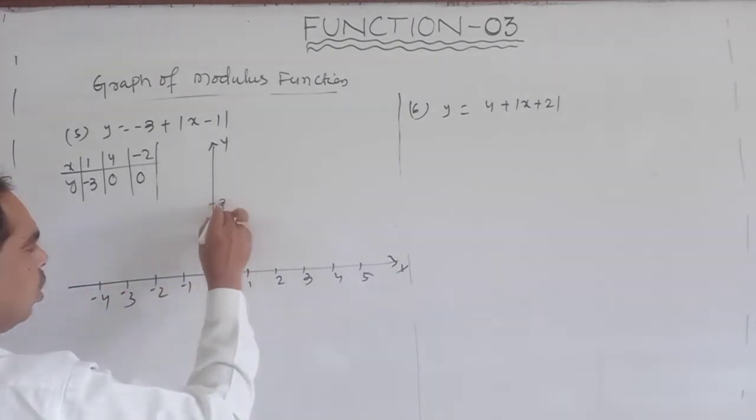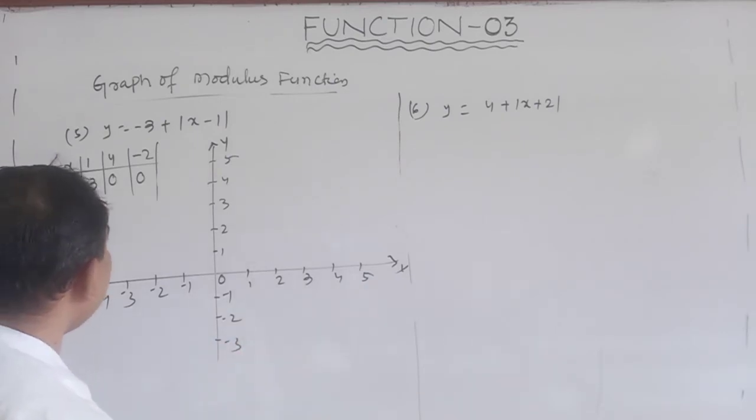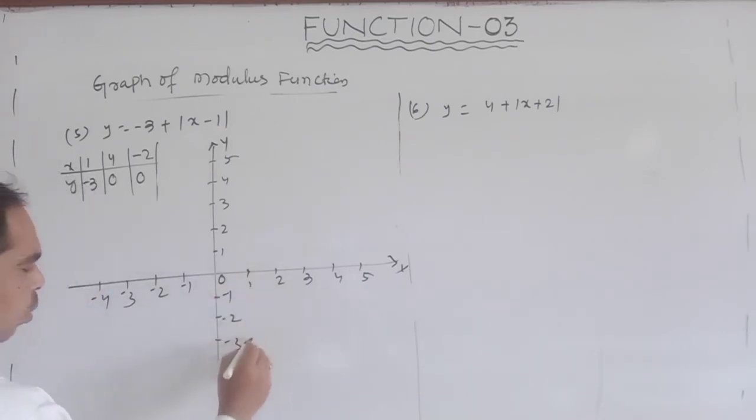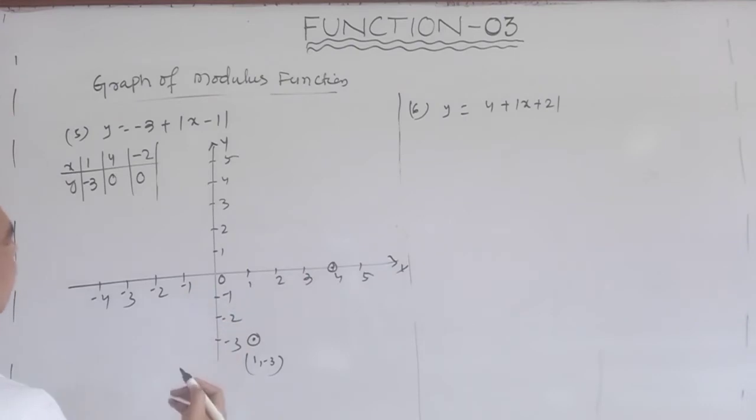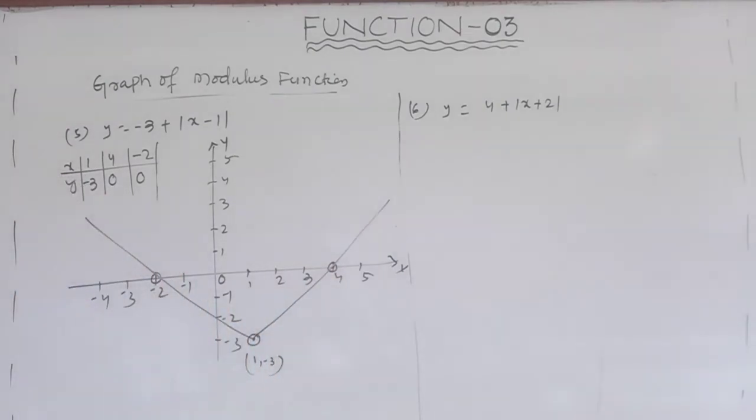So x is equal to 1, y is equal to minus 3: the point (1, minus 3). x is equal to 4, y is equal to 0. x is equal to minus 2, y is equal to 0. This is a V shape. Join this.